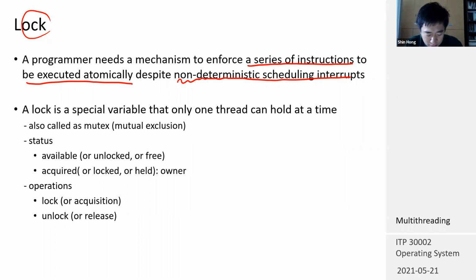A lock is implemented as a special variable. If you already checked the p-thread tutorial video, then you already saw how to use a p-thread mutex. P-thread mutex is exactly one implementation of a locking mechanism.